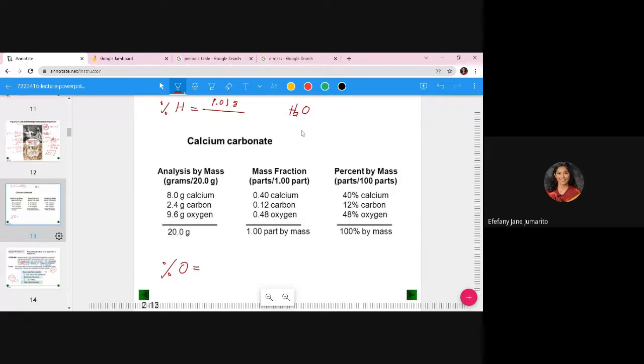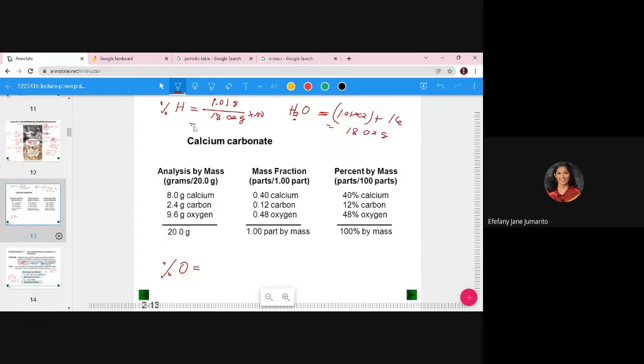For H2O, we have 1.01 times 2, because there are two hydrogens, plus 16. So we have 18.02 grams.